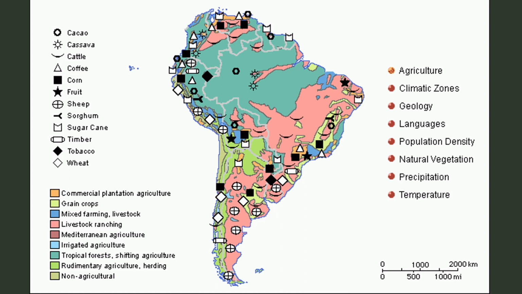Next is here, Argentina. They have grain and livestock on its vast pampas. This pampas again is the low grasslands. Next is Uruguay.